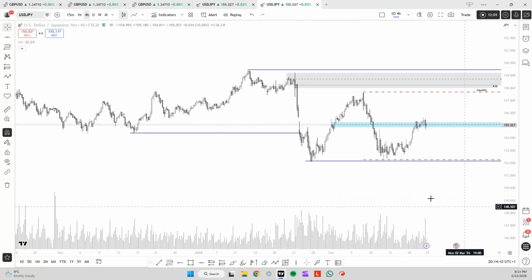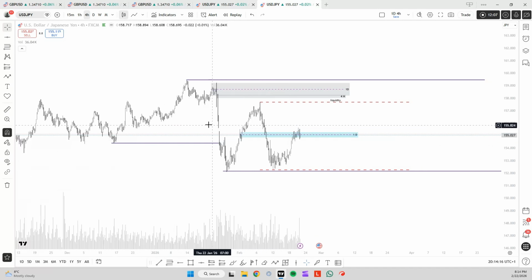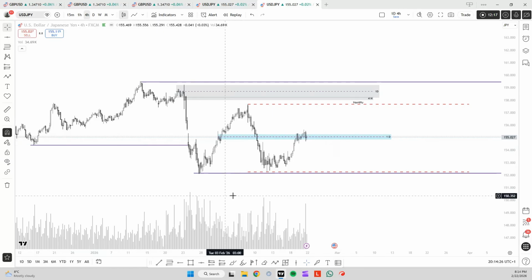On 4 hours there is not really much to see. It's basically the same thing as on daily, only that when you zoom out, there will be some more internal structure.